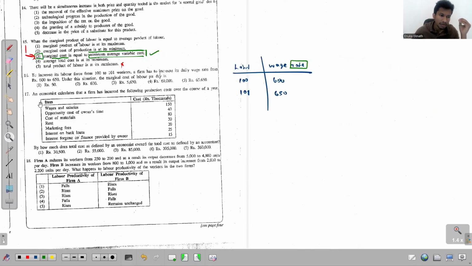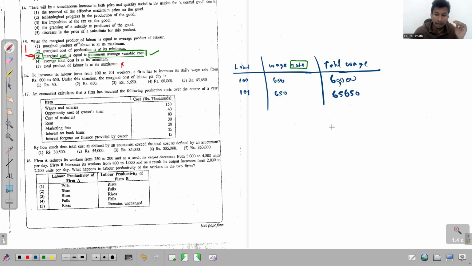So in this example, if you try to recognize the total wage paid to all these employees in the factory in the two situations: in the first scenario, it's just 600 and another two zeros, so 60,000. And in the second scenario, you multiply 101 with 650, so that will be 65,650.